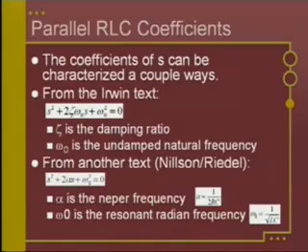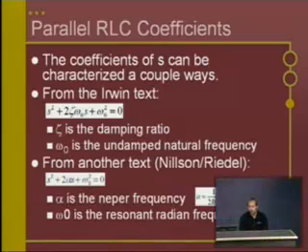You can characterize the coefficients on those s terms in a couple of different ways. If you look in your textbook, when I was originally preparing this material a few years ago, I looked at this and thought, this doesn't look familiar at all. He characterizes the coefficient on the first order s term as 2 zeta omega naught, and the final term as omega naught squared.